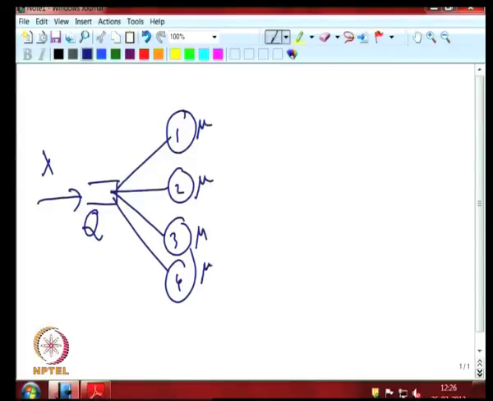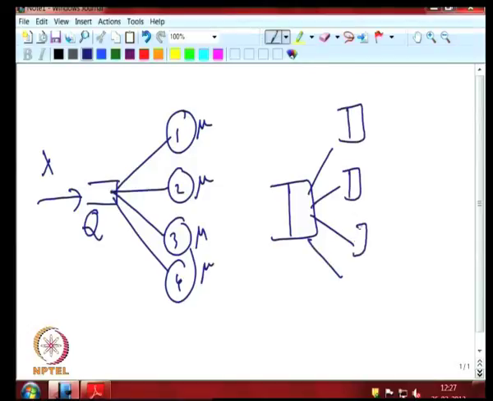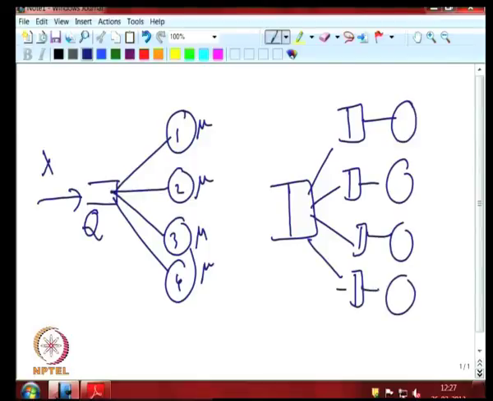The second possibility is that I have a queue here, and what I do is I have 4 subsidiary queues, and I put one processor on each.